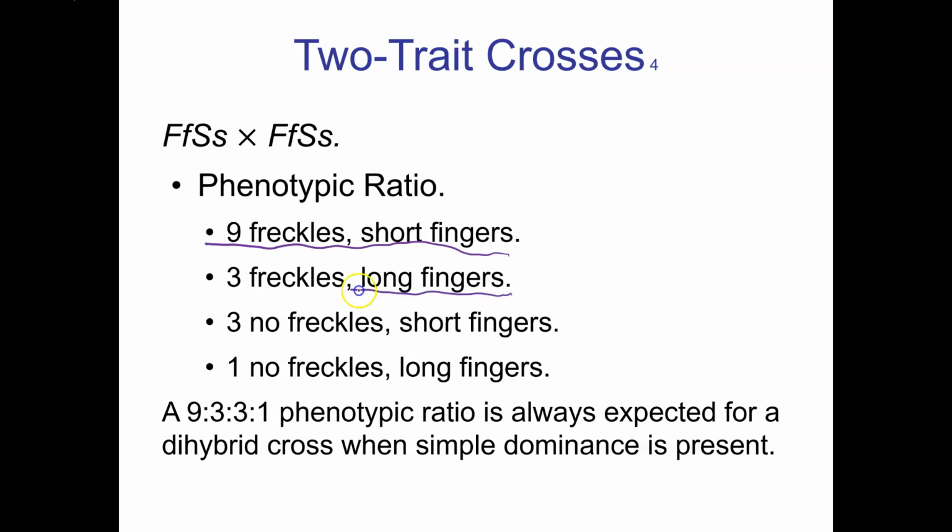You'll have 3 that have one of the dominant characteristics and one recessive. In this case, it's the freckles are dominant, but they have long fingers, which is recessive. You'll have 3 with the opposite dominant characteristics. So in this case, short fingers is the dominant characteristic, but they have no freckles. And then there's always 1 that will be completely recessive.